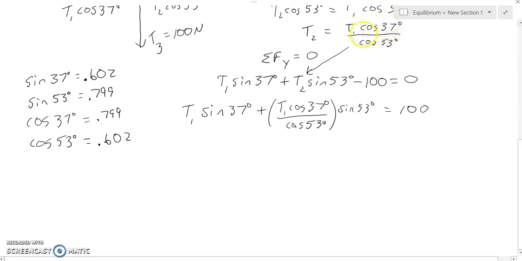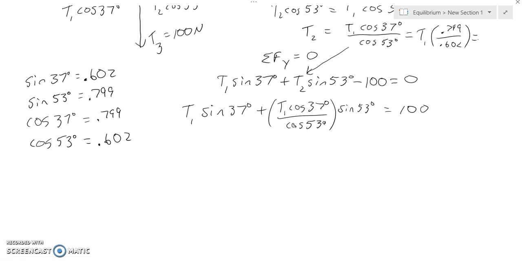You can do it all the way up here. Okay, so I'll show that. So this will be t1 times cosine of 37, which is 0.799, over cosine of 53, which is 0.602. Okay, so if I did this, cosine 37 divided by cosine 53, we get 1.33 about.